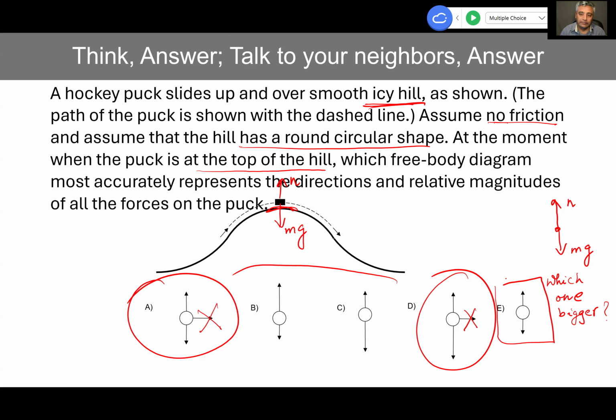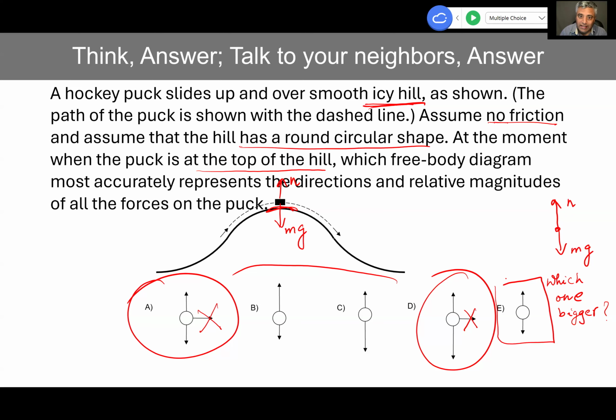If we say N is equal to mg, that means we are saying the net force in the vertical direction is zero, isn't it? Net force zero means acceleration is also zero.